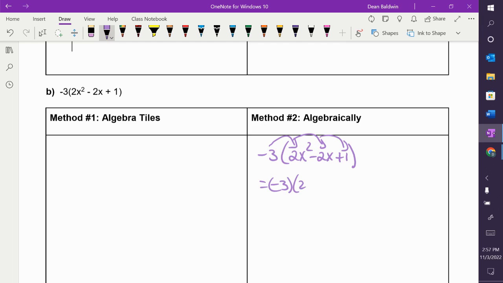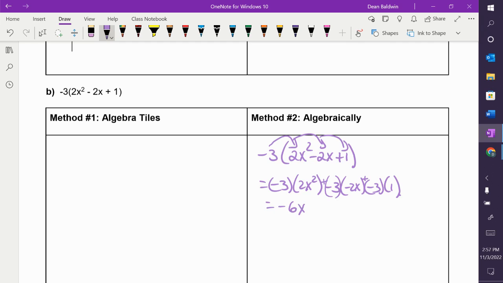So negative 3 times 2x squared. Negative 3 times negative 2x. Guys, negative 3 times 1. That should be plus in there. Okay, what's negative 3 times 2? Negative 6.